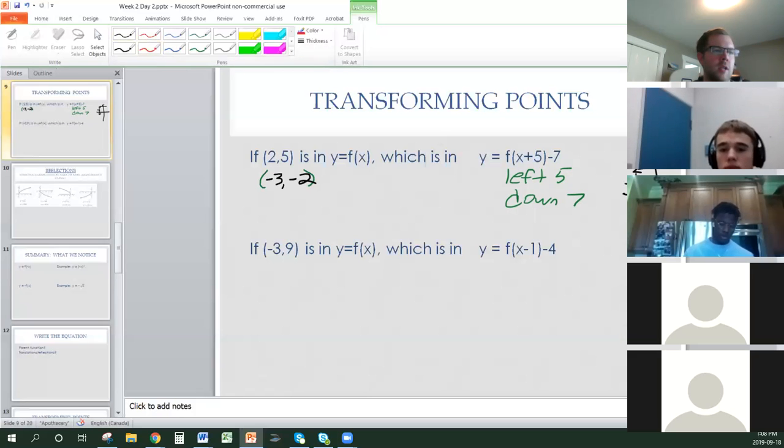So the new coordinate is -3, -2. Okay, so I would like you guys to do question number 2 and then just input your answer in the private chat.